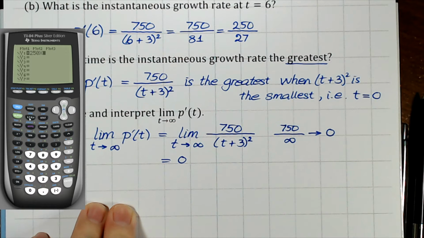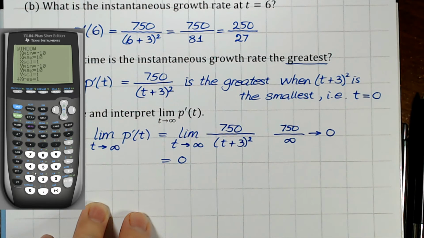I use x instead, 250x divided by x plus 3. Of course, we can't see much, so we're going to change the window later.